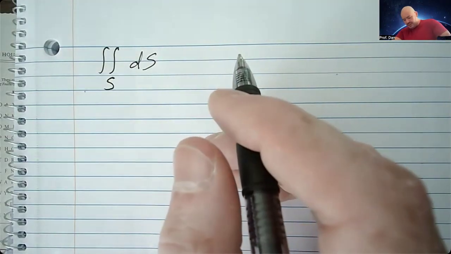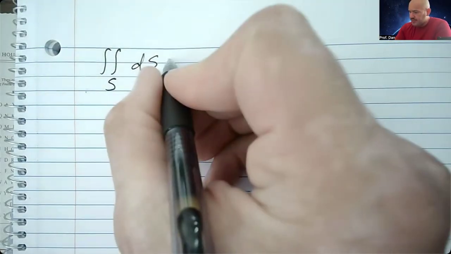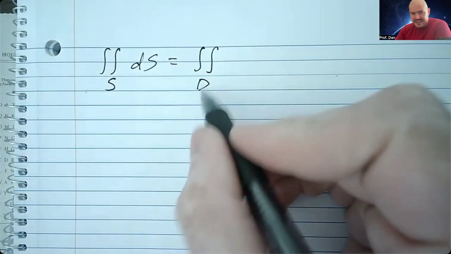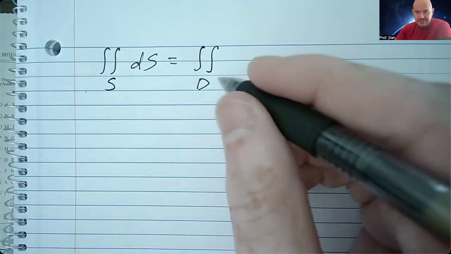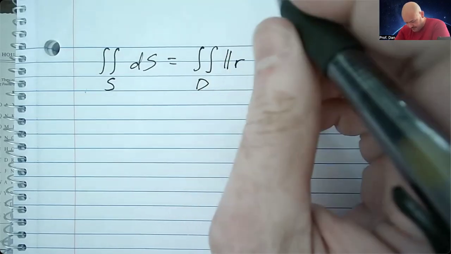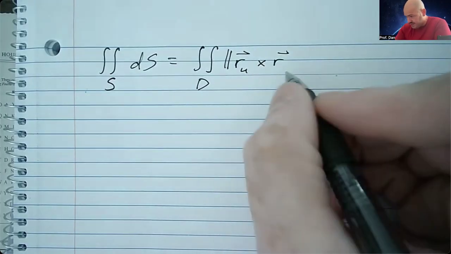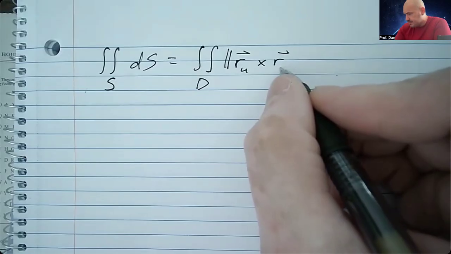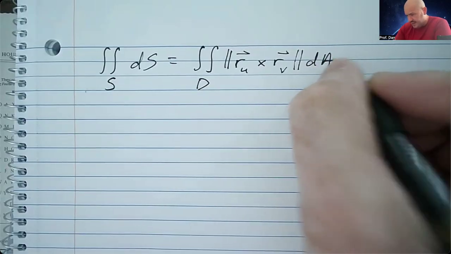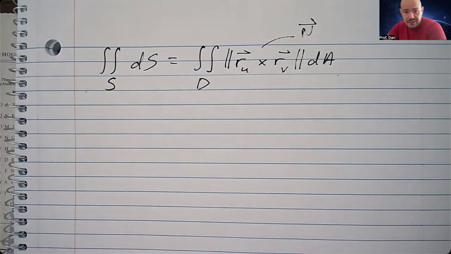Here, if we are able to parameterize the surface using this two-variable approach, we can write it as the double integral over some region D, which would be our parameterized space, of the magnitude of the cross product that you calculated to get your normal vector, dA. So basically this is the magnitude of your normal vector.